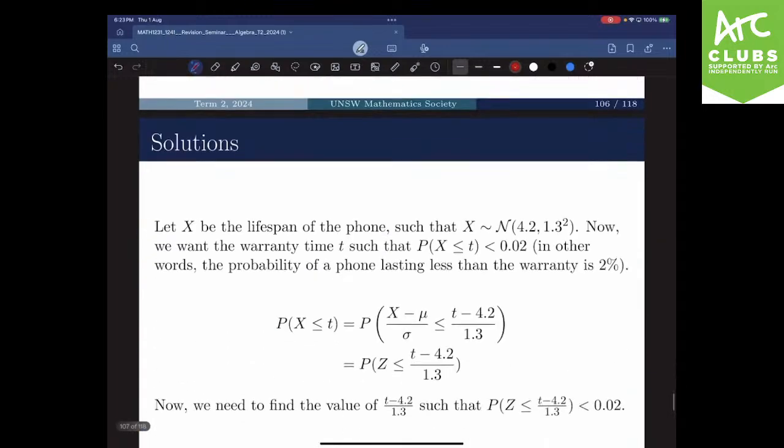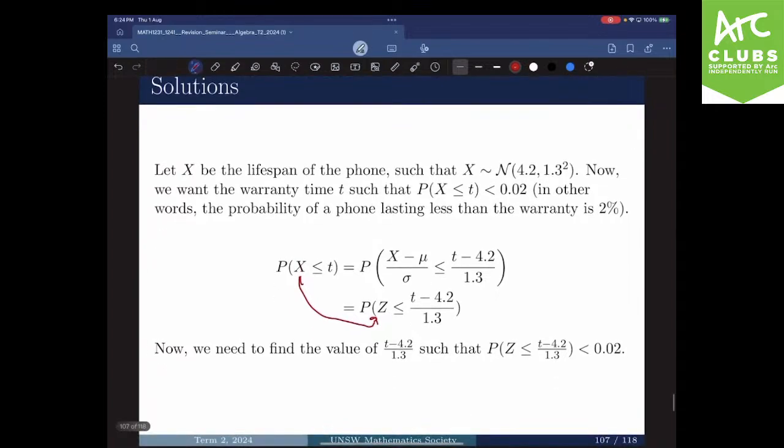We can standardize it on both sides, remember, minus mu over sigma. So on the left-hand side, this pretty much just becomes Z after we perform this. And then on the other side, we substitute in our actual values of mu and sigma, which are 4.2 and 1.3. And we get the probability of Z being less than or equal to t minus 4.2 over 1.3.